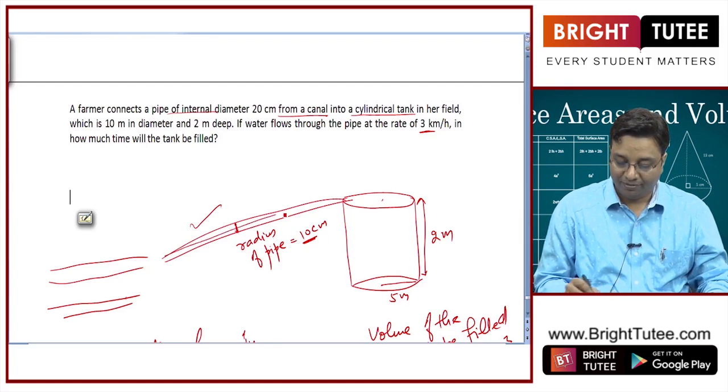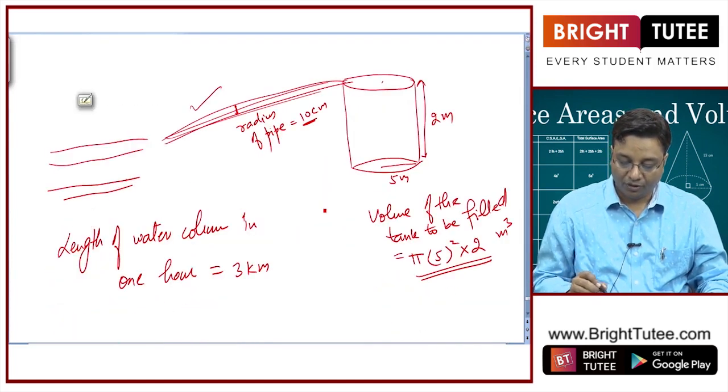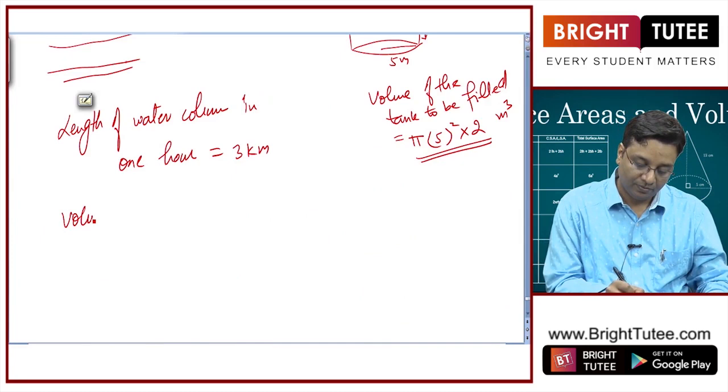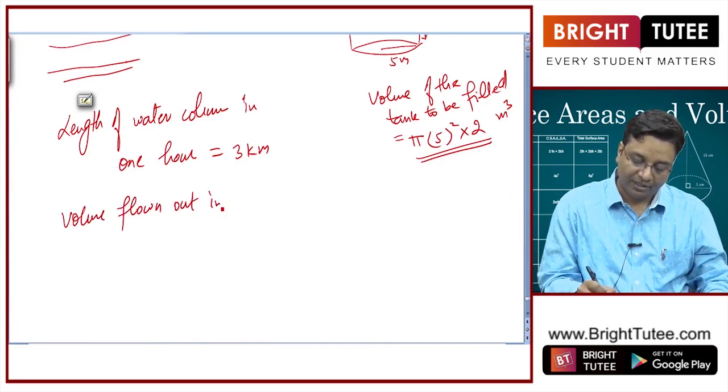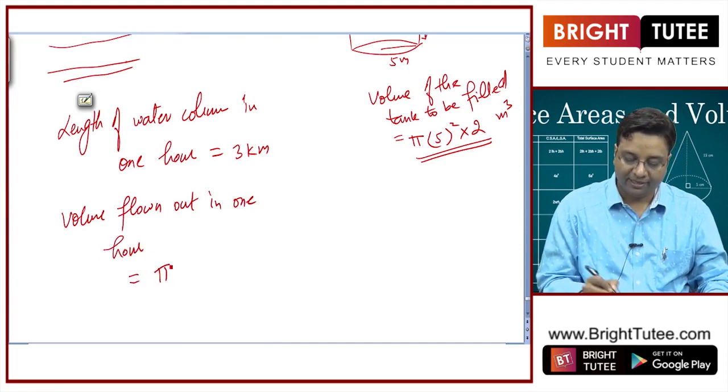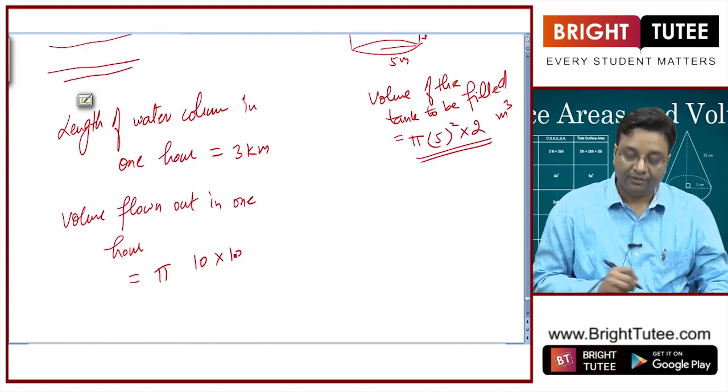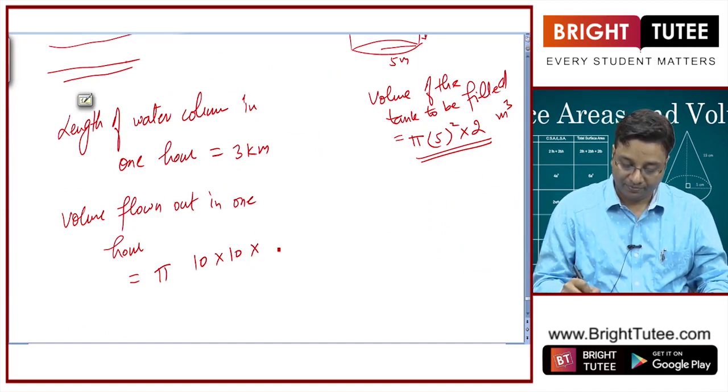So this pipe is also cylindrical. So the volume flown out in 1 hour is equal to pi radius square. Radius is 10 centimeter. So 10 into 10, this is radius squared, into length of the water column.